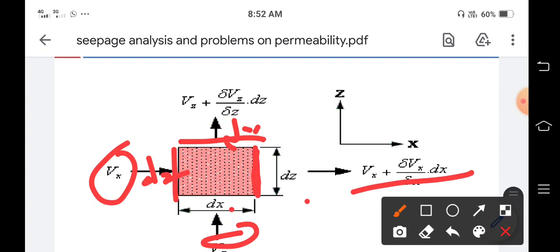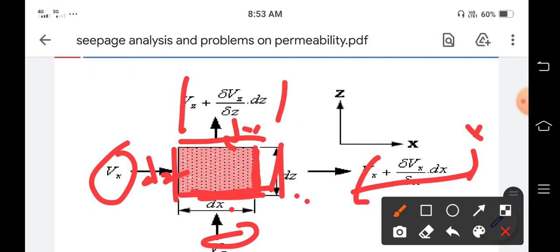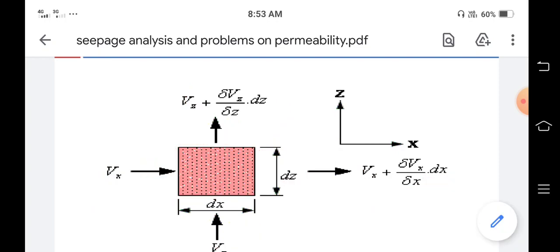The formula is phi x plus delta vx upon delta x into dx into dz, because this whole component is multiplied by dz, as it leaves through that corresponding area. Similarly, the second one is phi z plus delta vz upon delta z into dx, into this area, that is delta x, okay.